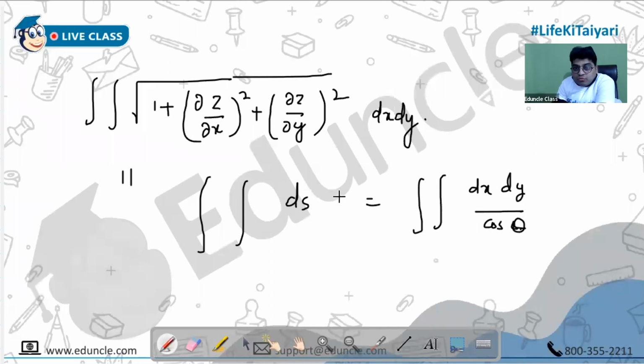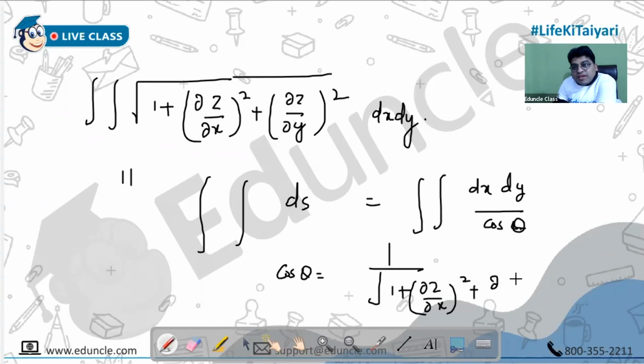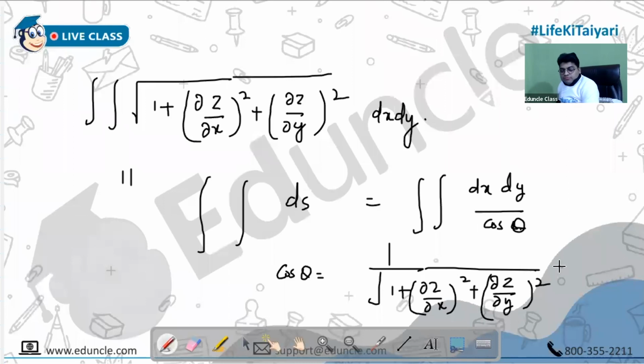So if there is some question, the cos theta is nothing but 1 upon under root 1 plus del z by del x whole square plus del z by del y whole square. ये मैंने इसलिए बताया है, because if somebody is asking the theta value, then you can find it out. Yes or no? The angle between the z axis and the normal, that is cos theta.